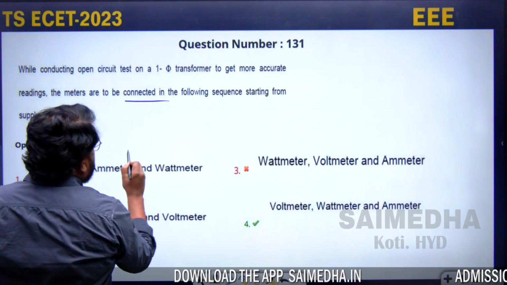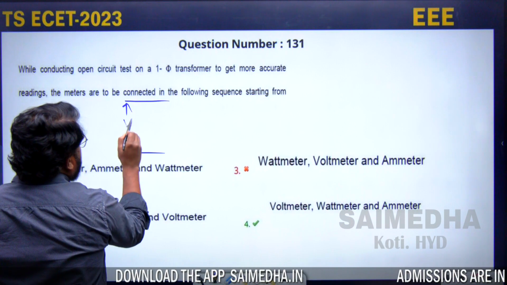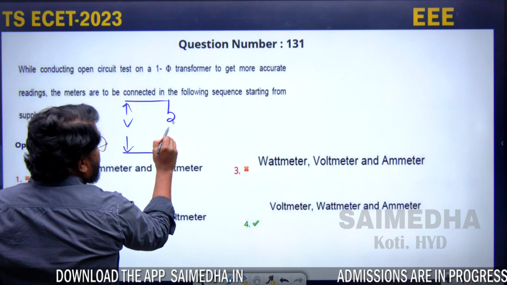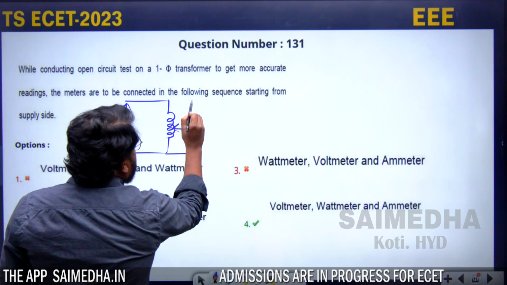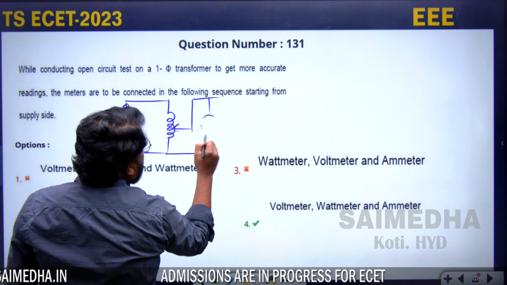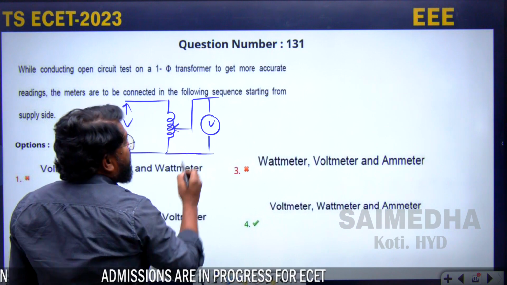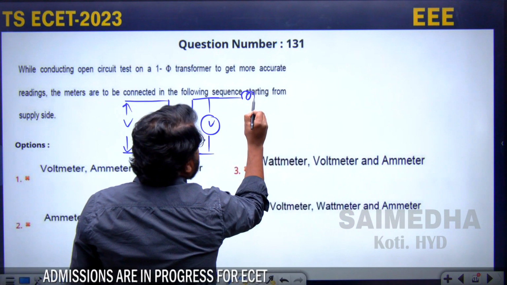Suppose this is the supply voltage V, and this is the auto transformer or the variac. After the variac, we need to connect the voltmeter, which measures the voltage, and after that the wattmeter reading.